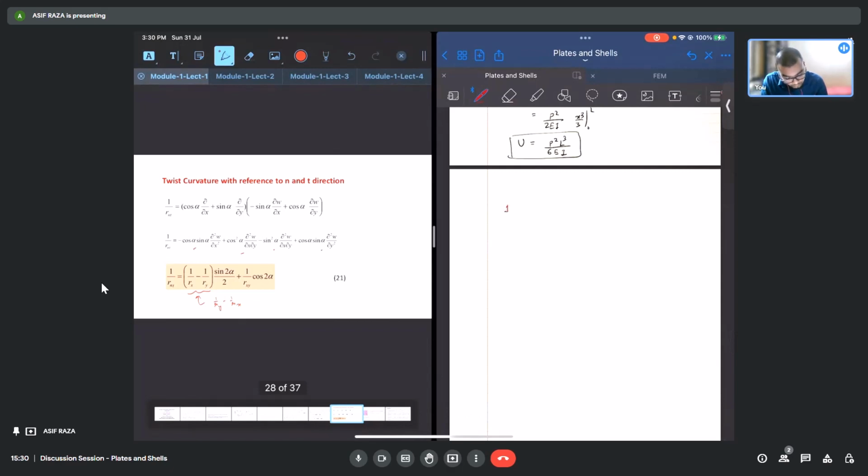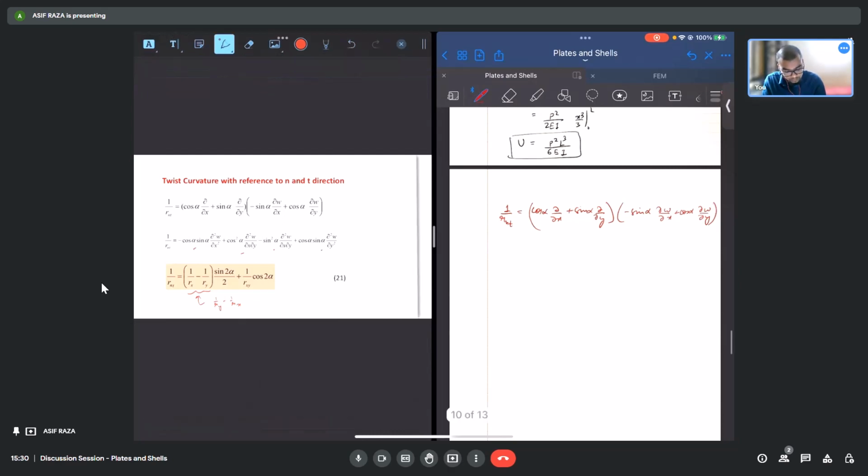We have 1 upon r and t as cos alpha del upon del x plus sin alpha del upon del y, minus sin alpha dou w by dou x plus cos alpha dou w by dou y. Let's solve this.